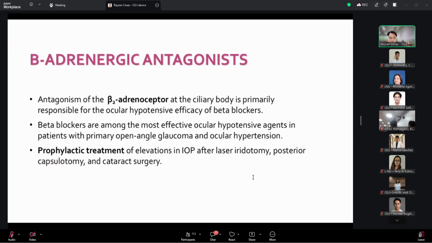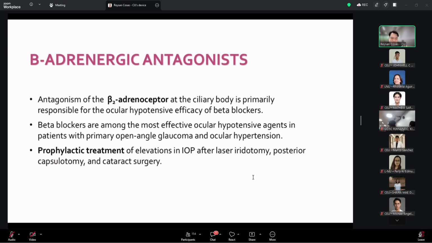Clinically, they are widely accepted because of their efficacy. However, one of the hassles in prescribing or using the beta blockers is the twice daily instillation.